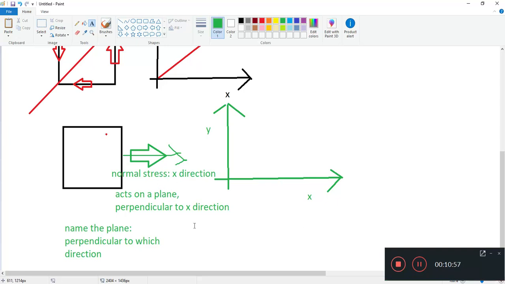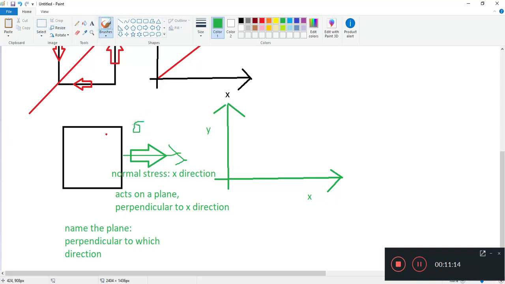So how do we name this stress? This is what we call sigma xx. It is going in the x direction, and it acts on a plane perpendicular to the x direction.